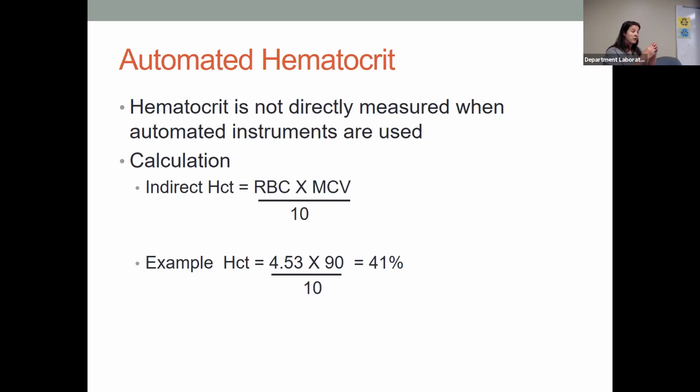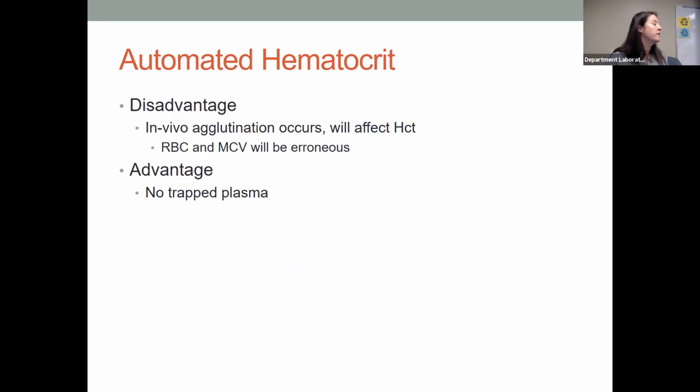Those clumps are going to be counted as larger red cells, so your MCV is going to go falsely elevated, correct? If we're using these two values in our calculation for hematocrit, then our hematocrit is also going to be affected, right? Does that make sense to everybody? That's the number one disadvantage for automated hematocrit, because it is a calculated value.